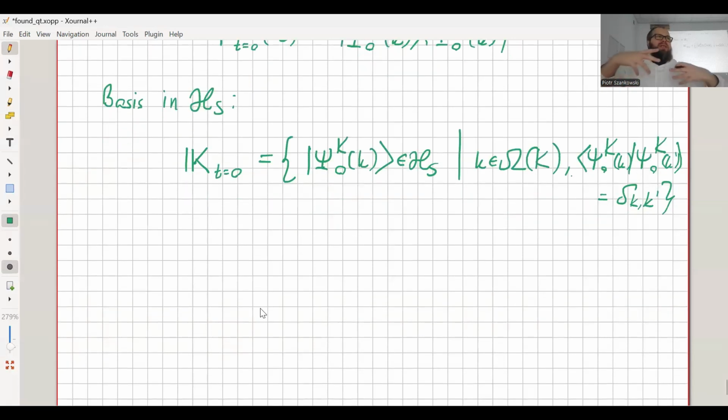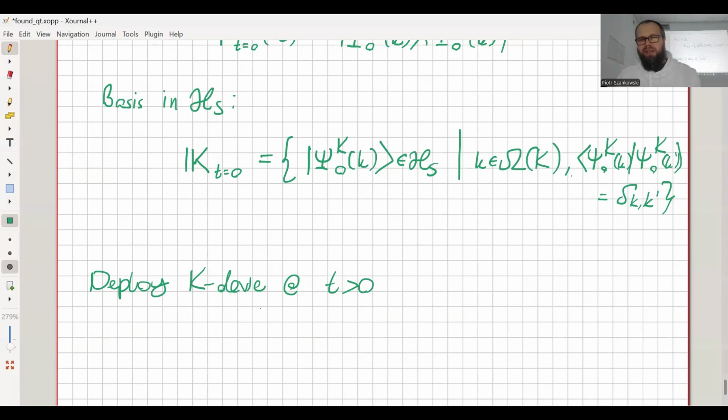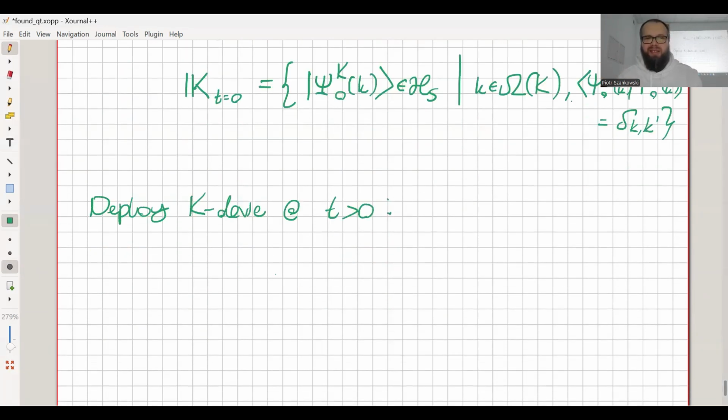And now, if we took the same device, but deployed the K device at some other time, some t greater than 0, then again we would get our rank 1 projectors, which would correspond to another basis.